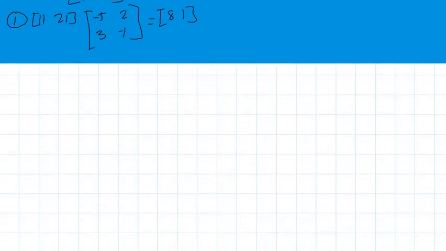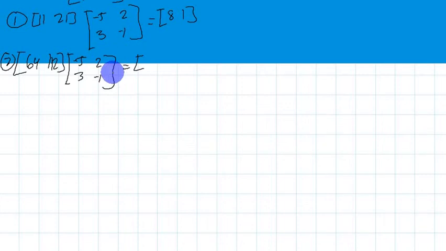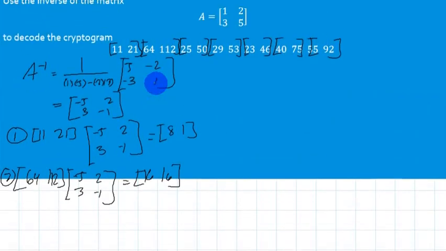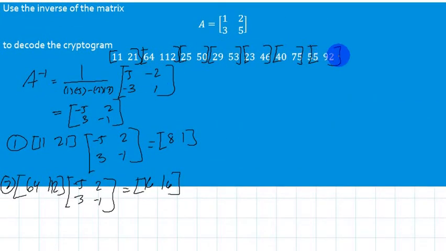There you go. For our second one, multiplying 64 and 112 to our negative 5, 2, 3, negative 1 here, we are going to come out with the matrix 16, 16. Then we're going to follow through with all the other 1 by 2 rows.